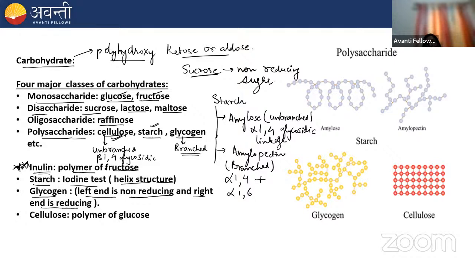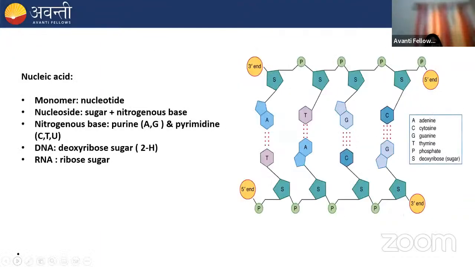As I told you, a non-reducing end is when the reactive group is not present or not free. A reducing end is when there is a free reactive group. Cellulose is a polymer of glucose, as I just told you. I'm moving very fast, beta, because we have to cover a lot of things.